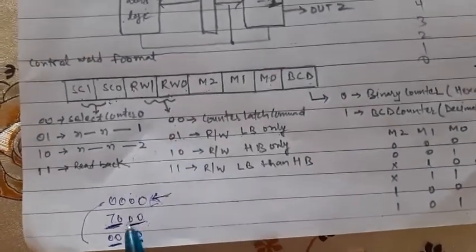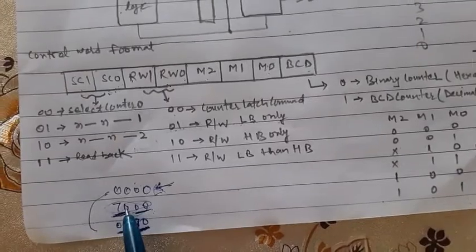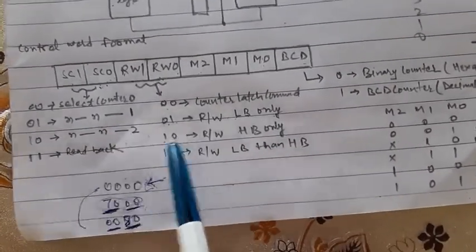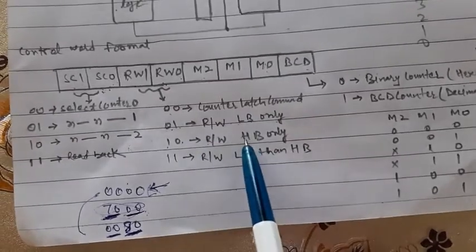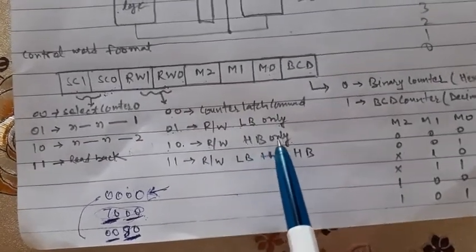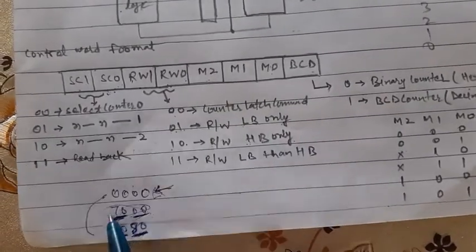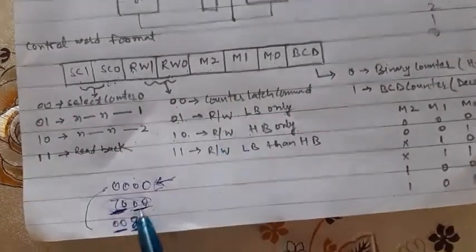And if for this example we need to give only the higher byte, then we put these bits 10. It means read/write the most significant byte only. So higher byte means these two numbers and lower byte means these two numbers.